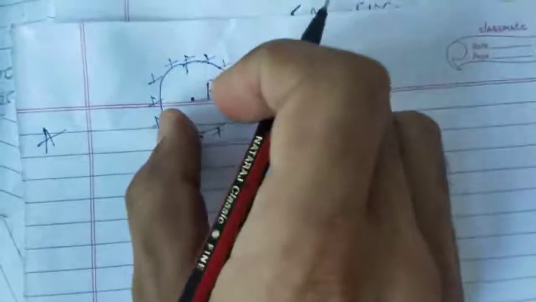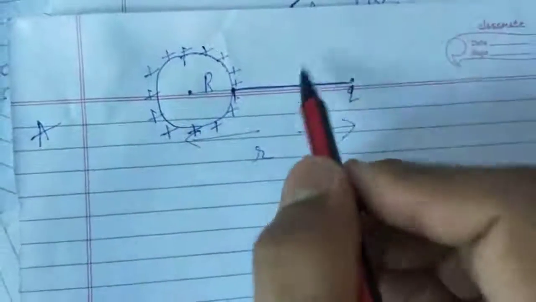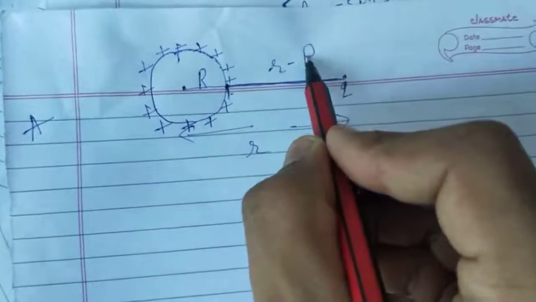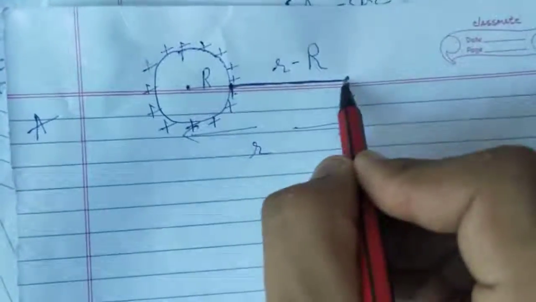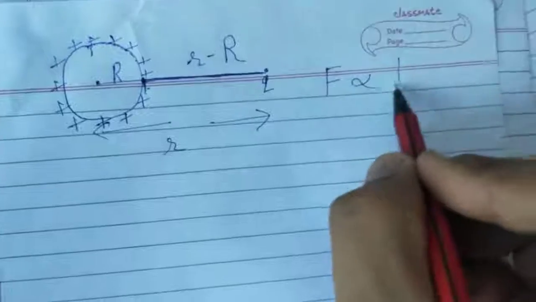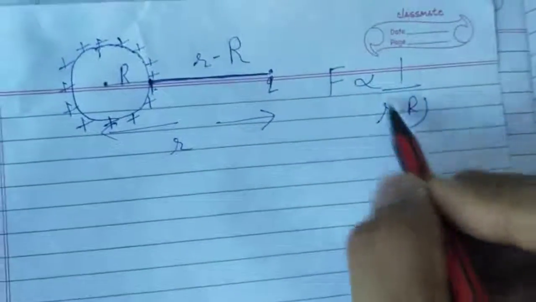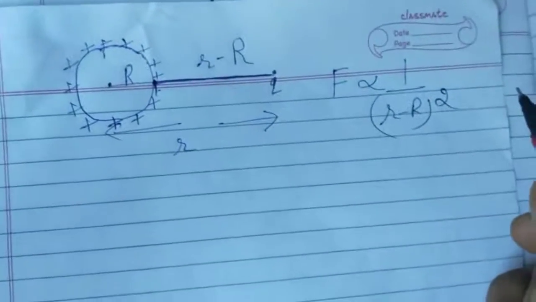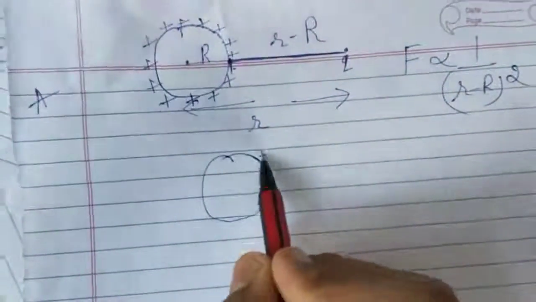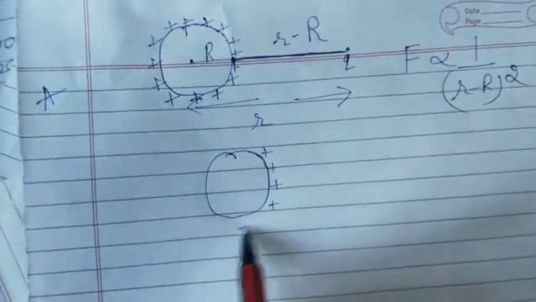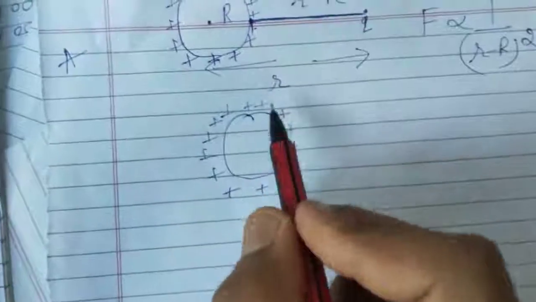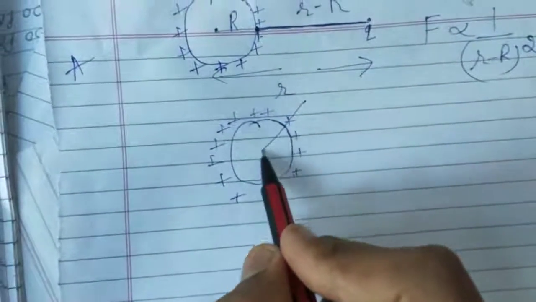This is big R and this is small r, and this distance is small r minus big R. So in our mind the concept comes that force depends inversely on the square of this distance, r minus R. But in reality, this never happens. No doubt, the charge will remain on the surface like this. You know that if the charge is present at the surface, electric field lines come out of it. The electric field lines come out like this.